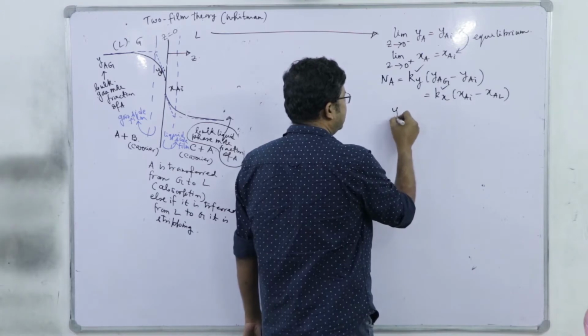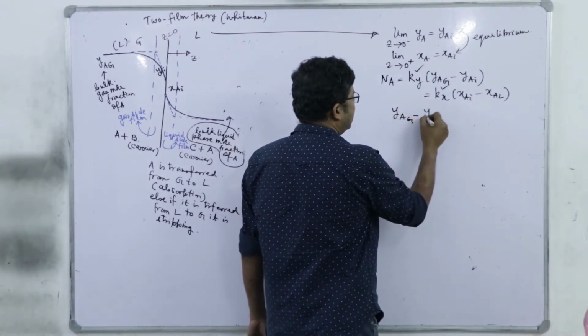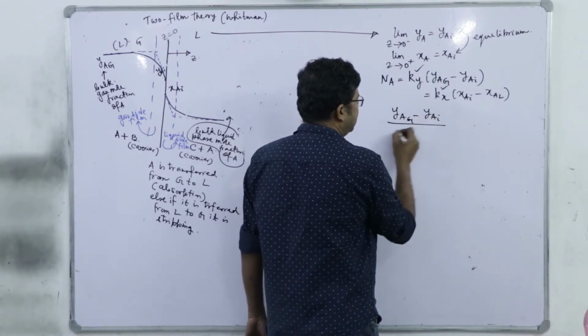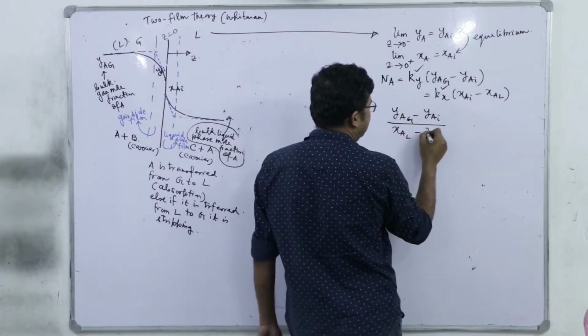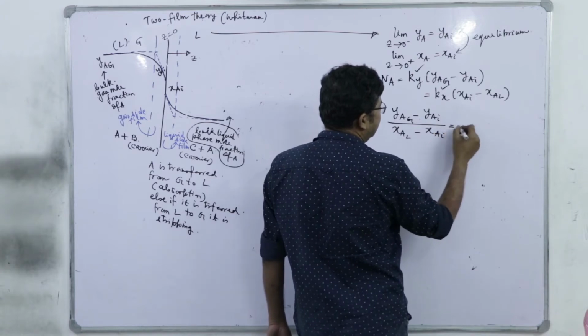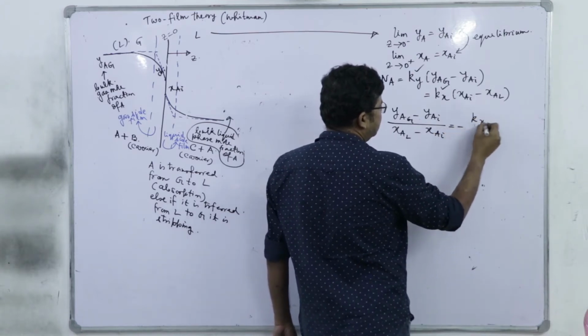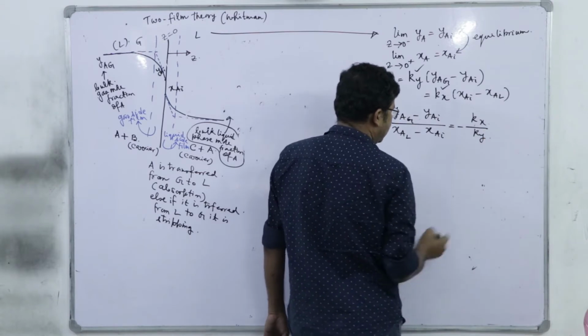We will write that (Yag minus Yai) divided by (Xal minus Xai) is equal to minus Kx by Ky.